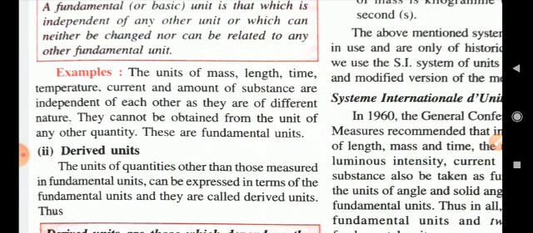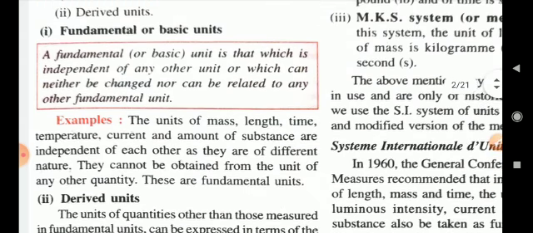These are fundamental units. In other words, fundamental units are each of a set of unrelated units of measurement which are arbitrarily defined and from which other units are derived. For example, in the SI system, the fundamental units are meter, kilogram and second. Right? What is the unit of length?